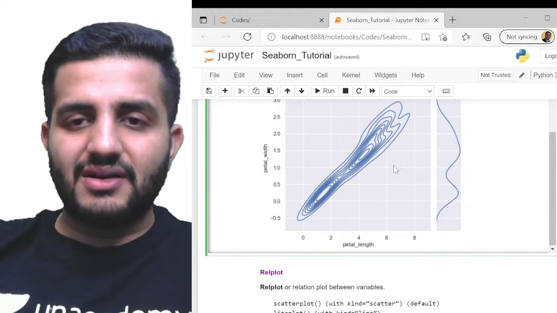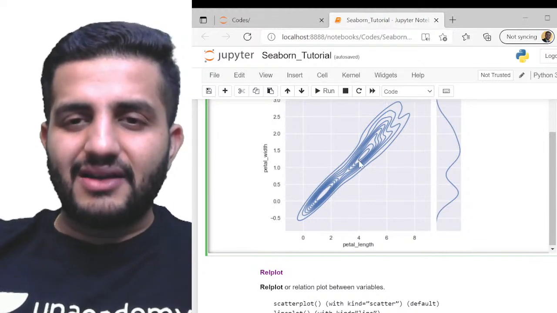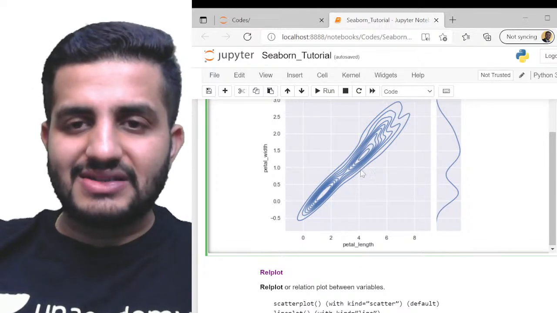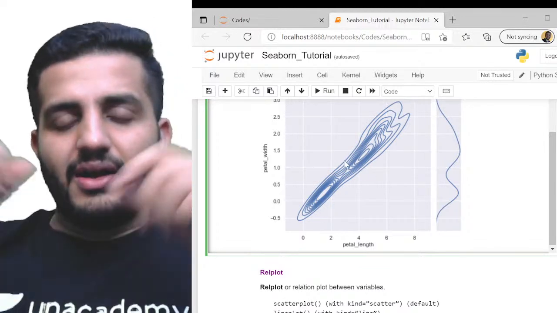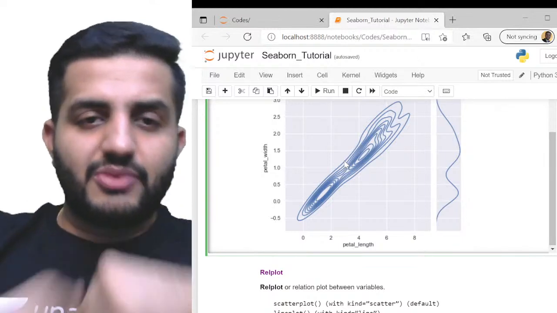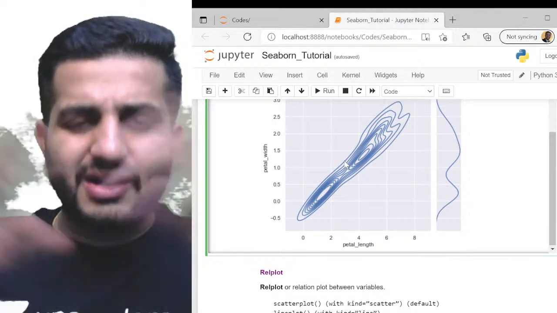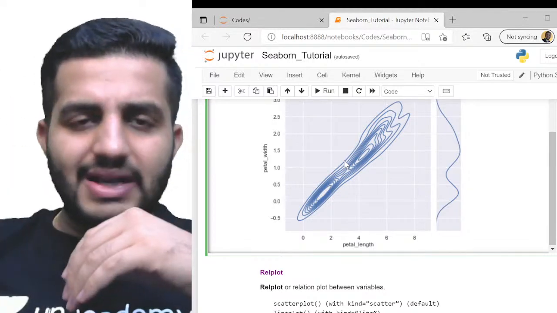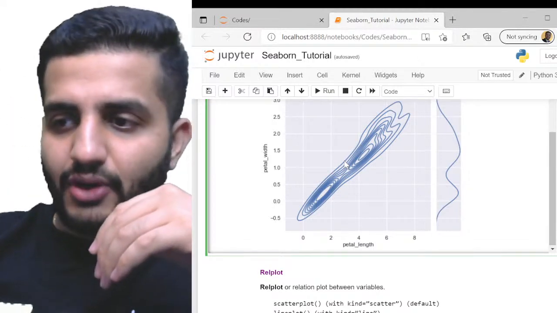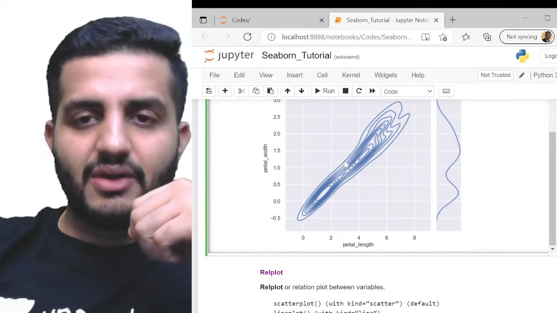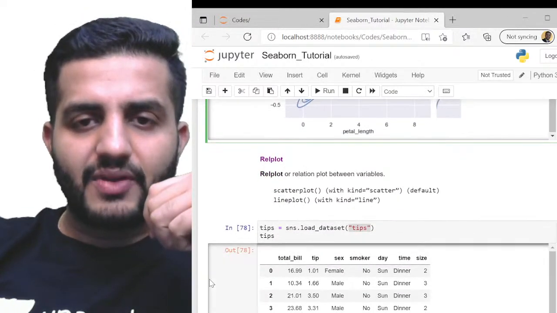This is one circle, and this is maybe a lighter circle. This one is more concentrated and this one is less concentrated. So I have two bigger chunks in that region. This is again giving you density, but in a different way. Everybody has their own perception, so depending on your usage and requirement, you can plot the graphs accordingly.